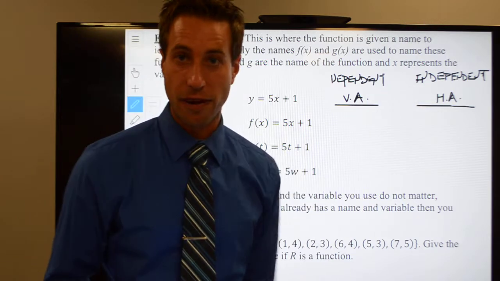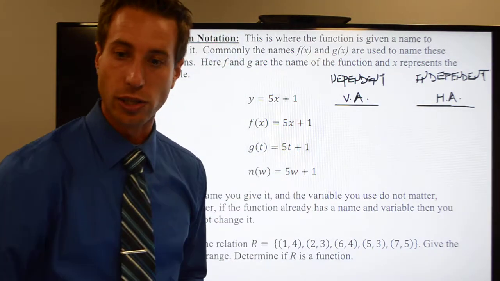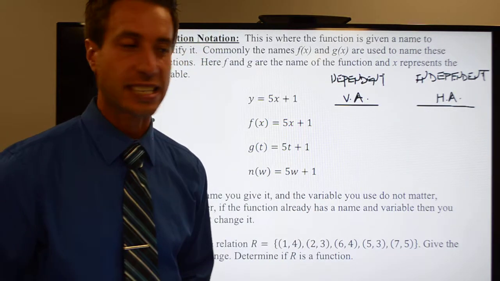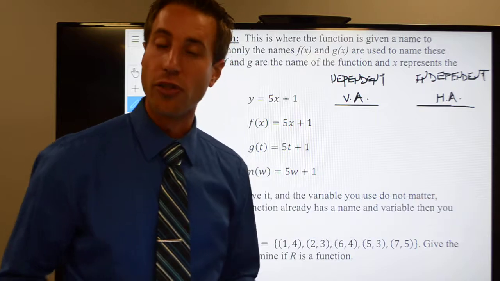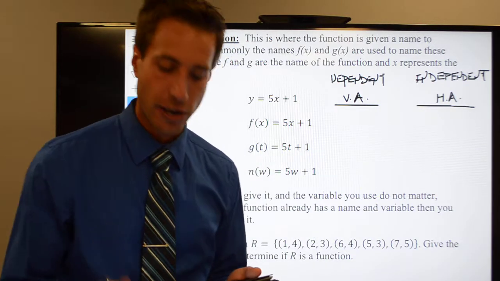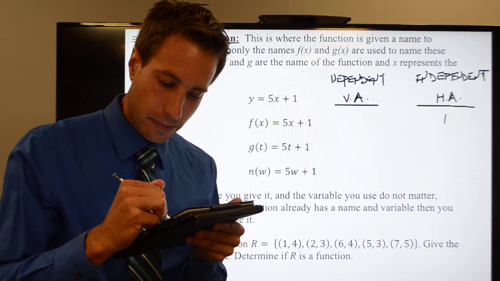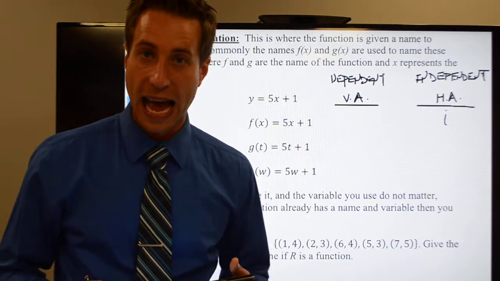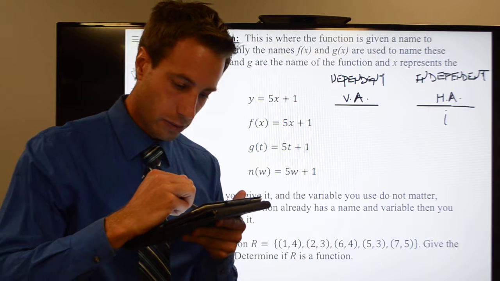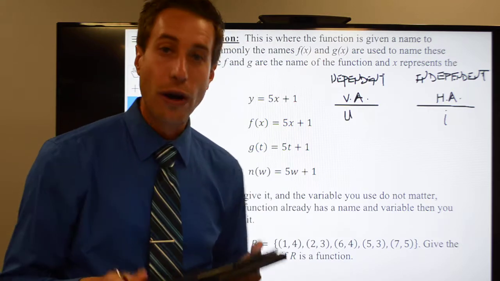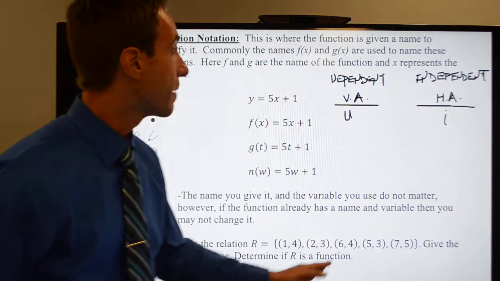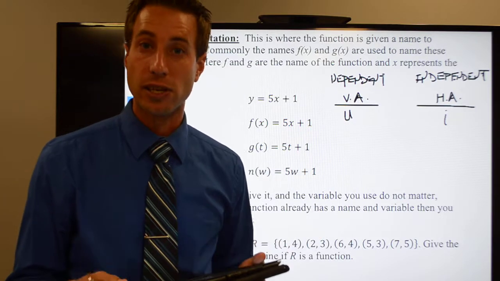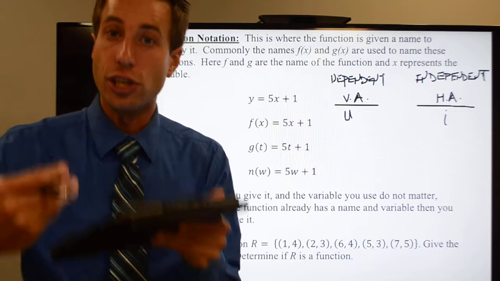The independent variable is what's on the horizontal axis. Let's just say, for example, that instead of calling it x, I want the variable on the horizontal axis, my independent variable, to be I. And I'm going to name my vertical axis u. Well, because my vertical axis is u, the name of my function is going to be the function u.